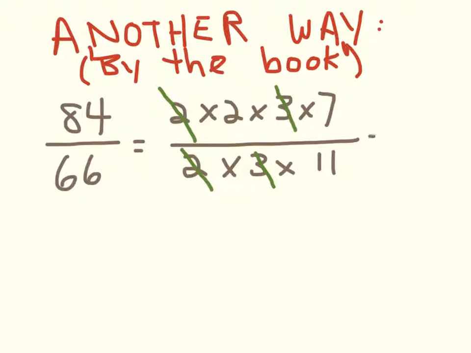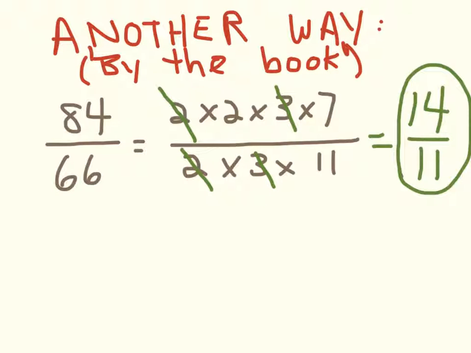So if we do that, there's nothing else to cancel. 2 and 11, there's nothing to cancel there, and 7 and 11, we can't cancel anything there. So if you multiply out what's left, we get the same reduced fraction, completely simplified as an improper fraction, 14/11. So those are 2 ways to think about simplifying fractions.